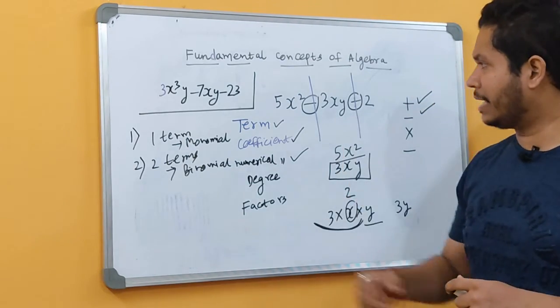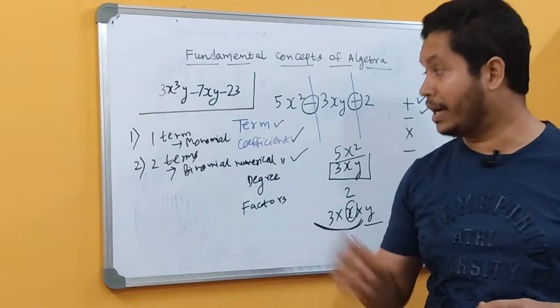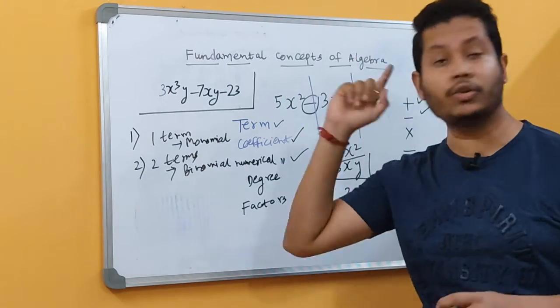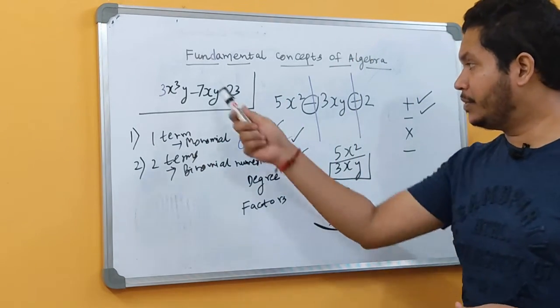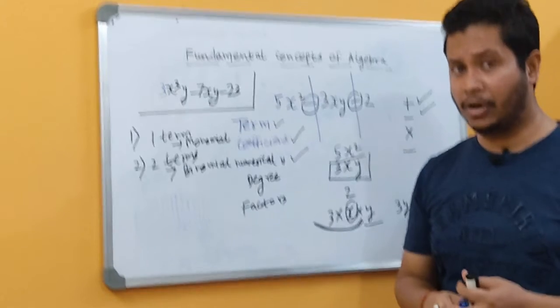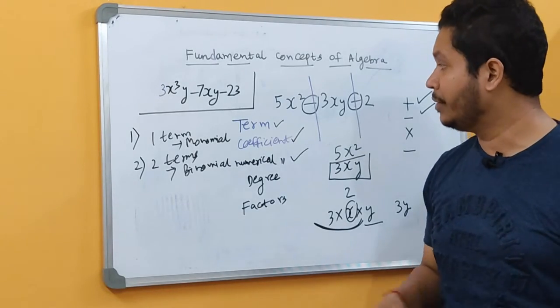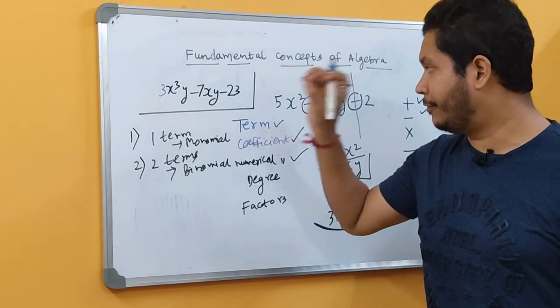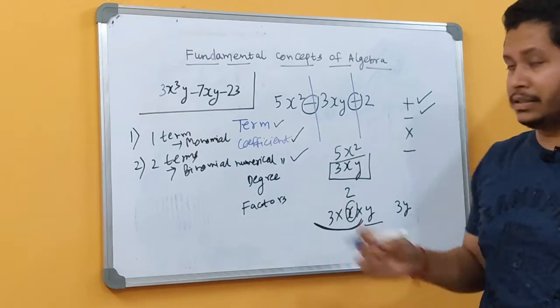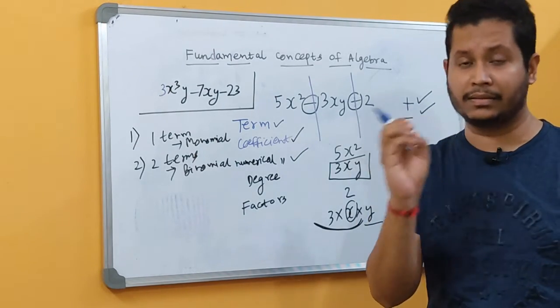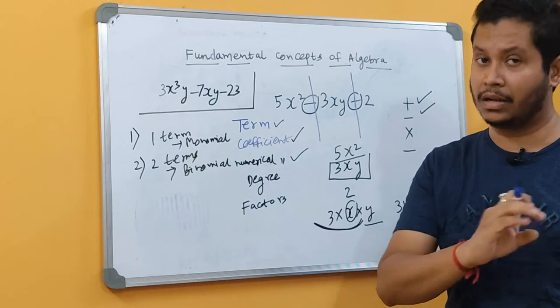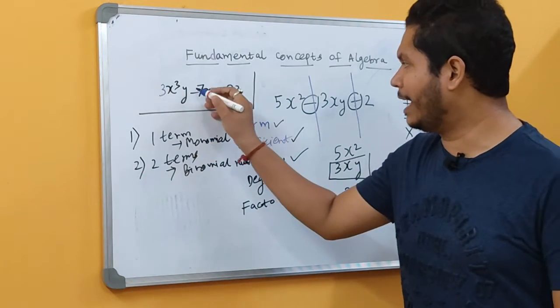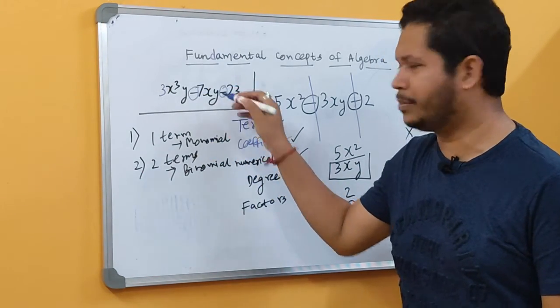Okay, now let us decide for this particular expression what type of polynomial it is. Let us first find out how many terms are present here. If I focus on only 2 operators, as we have discussed earlier, only plus and minus operators decide the number of terms. So here we only have 2 subtraction operators.